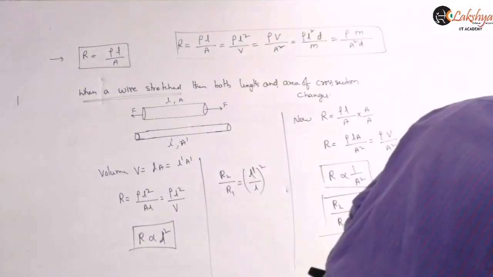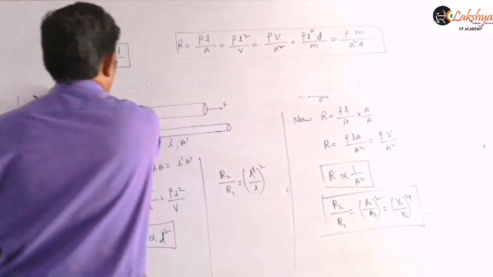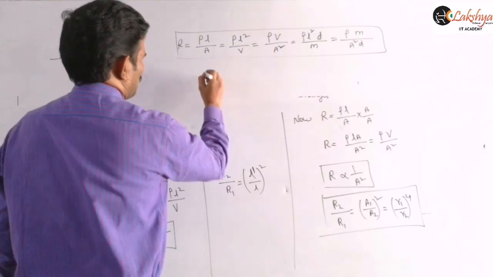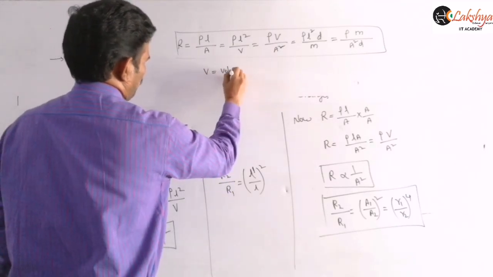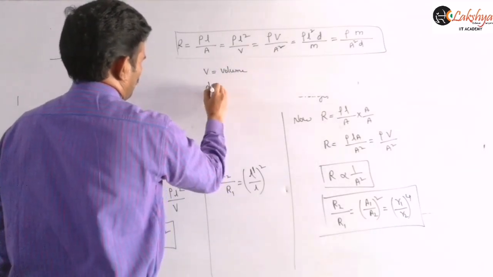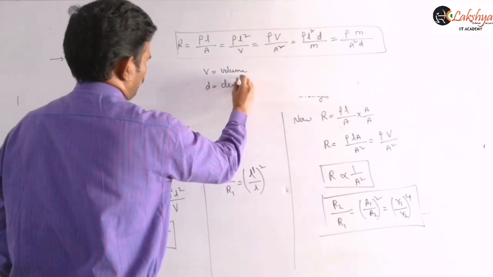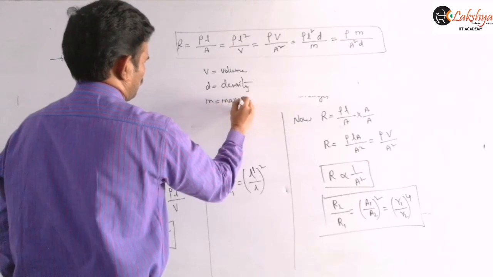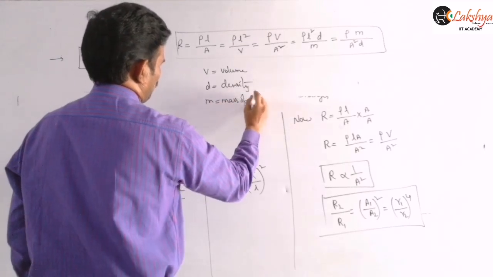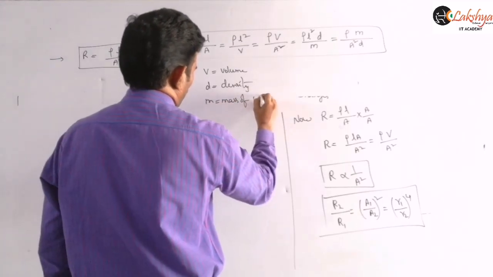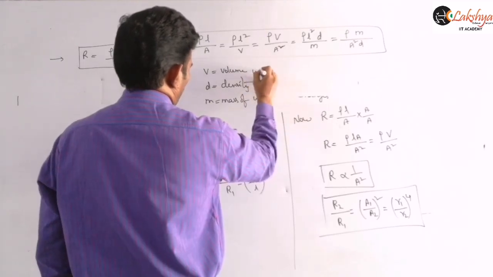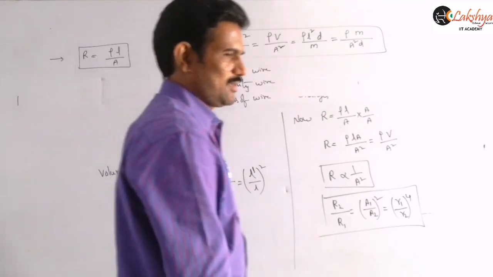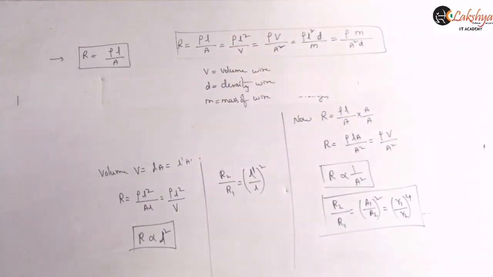Remember that here V is volume, D is density, and M is the mass of the material, the mass of the wire. And A means area of cross section and L is the length, that you know already.